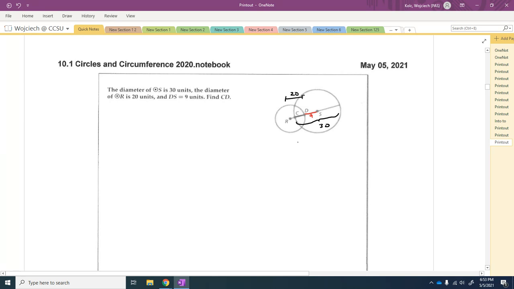So in other words, this is 15 over here. But this is 9, and if the entire segment is 15, this has to be 6. Okay? So the answer is 6.